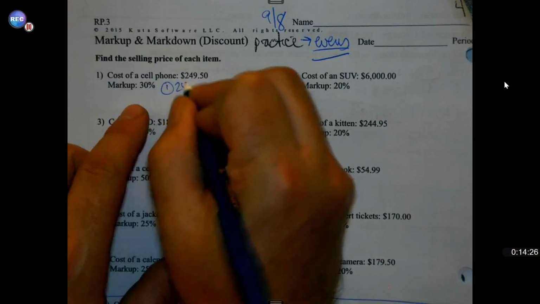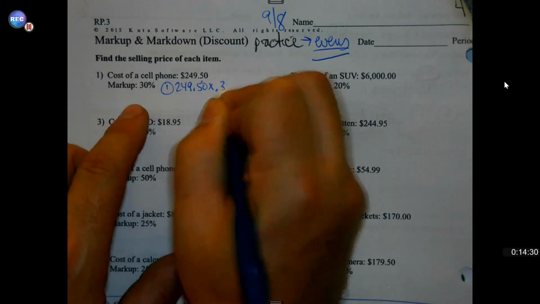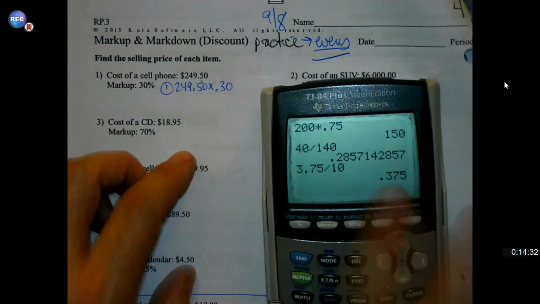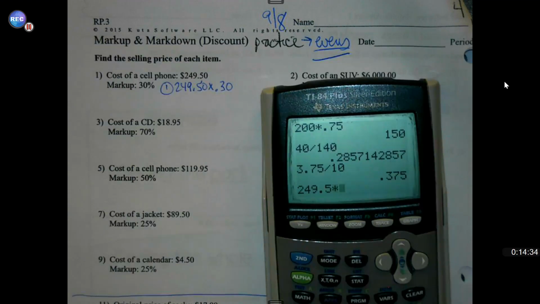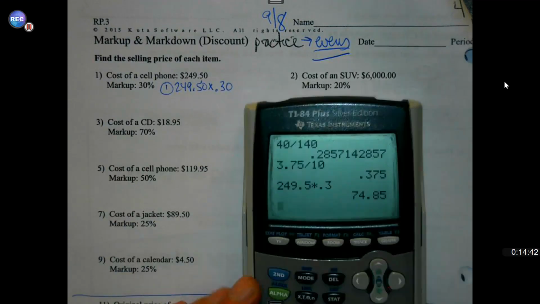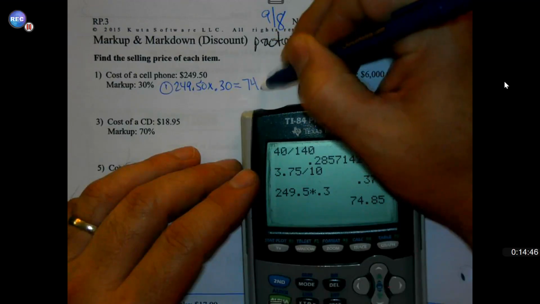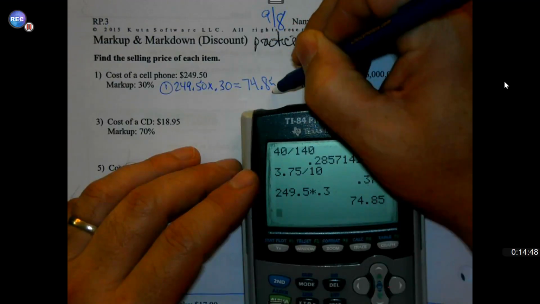So $249.50 times my markup. And again, when we're talking about money, if it just goes to cents like this, use the cents. Don't go to like 75. If it was going to a lot of decimals, we'd go to 2. Okay?